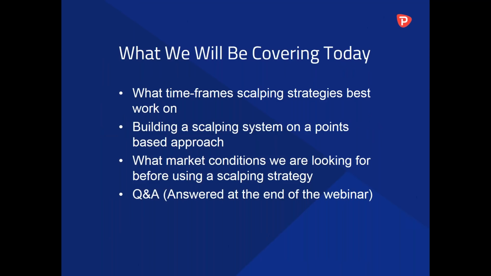What we're going to be covering today: we're going to be taking a look at what time frame scalping strategies work best on. And we're also going to be taking a look at building a scalping system on a points-based approach. So we're not going to just look at one type of scalping strategy. We might look at a few different ones. In particular, we're looking at break strategies within trends because they can be quite successful on the smaller timeframes.